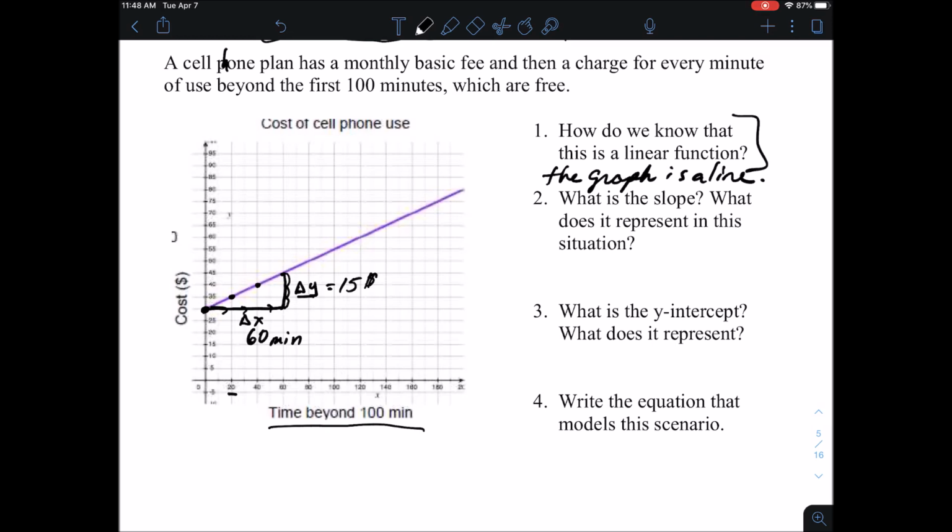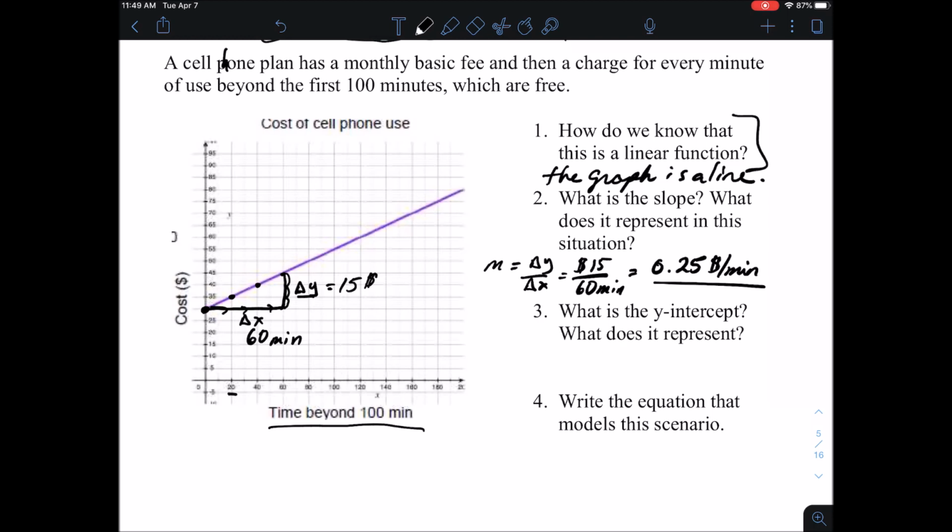Remember, the slope is the change in y over the change in x. So that's $15 over 60 minutes. That's $0.25 per minute. So what does that represent?